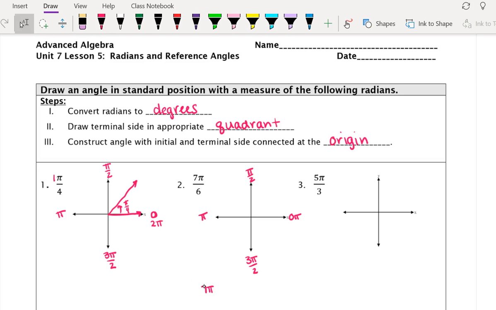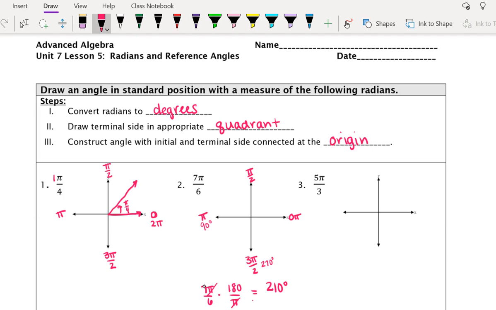So 7 pi over 6, if I multiply that by 180 over pi, the pi's are going to cancel. 180 divided by 6 is 30, so times 7 is 210 degrees. So 210 degrees, remember this is 90 degrees, and this is 270 degrees.